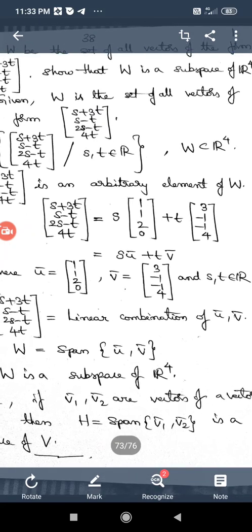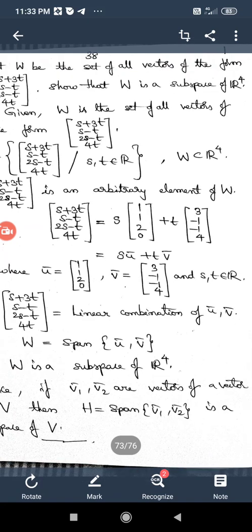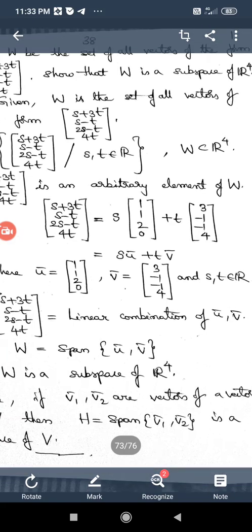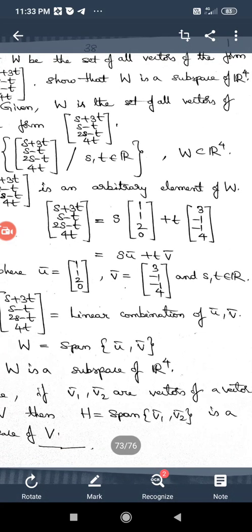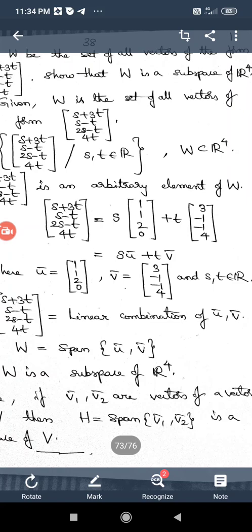We can say that this arbitrary element from W, that is (s + 3t, s - t, 2s - t, 4t), can be any linear combination of the vectors u bar comma v bar depending on the values of s comma t from R. So W is equal to span of u bar comma v bar, because as this arbitrary element is any linear combination, we can generalize it and say that W is the set of all linear combinations of u bar comma v bar.